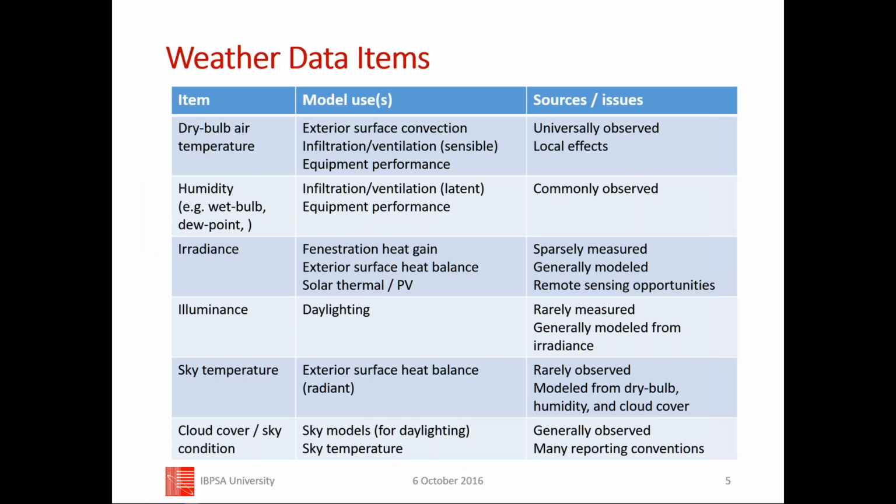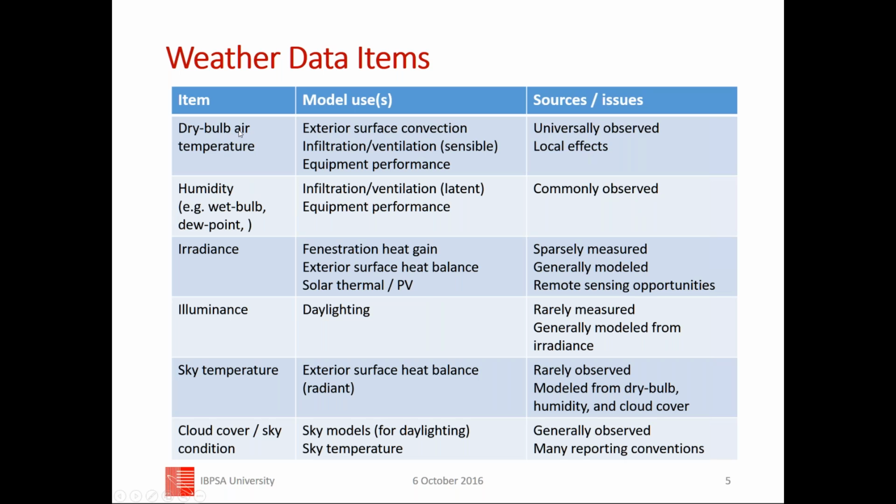The weather data items that are typically used in simulation, I've listed them here, with a brief discussion of what they're used for, and some things about where you get them and what the issues associated with those sources are.